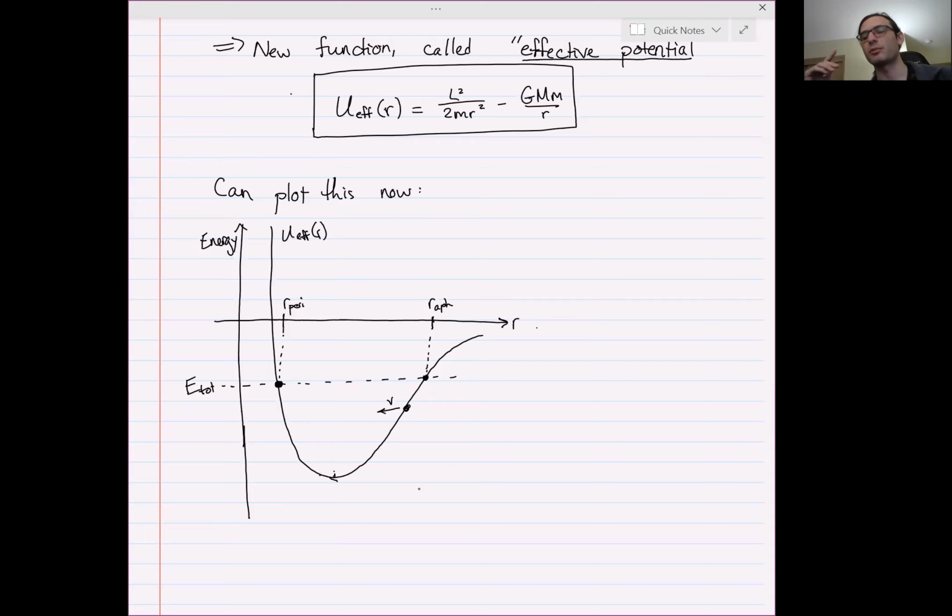So instead, this large angular momentum, because it has to be maintained, forces you to swing around. Because if you didn't swing around, then your angular momentum would be changing. And that's why there's this barrier, this part over here, that prevents you from crashing into the sun.